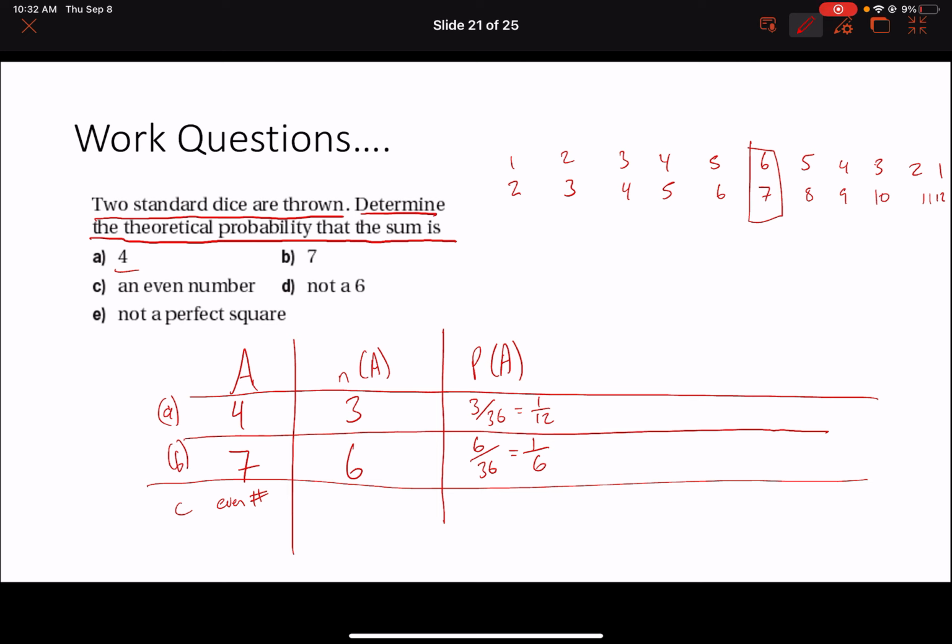So how many ways can it be an even number? So if it's 2, there's 1 way. Plus 4 is 3 ways. 6 is 5 ways, plus 8 is 5 again. Plus 10, which is 3 ways for 10 to occur.